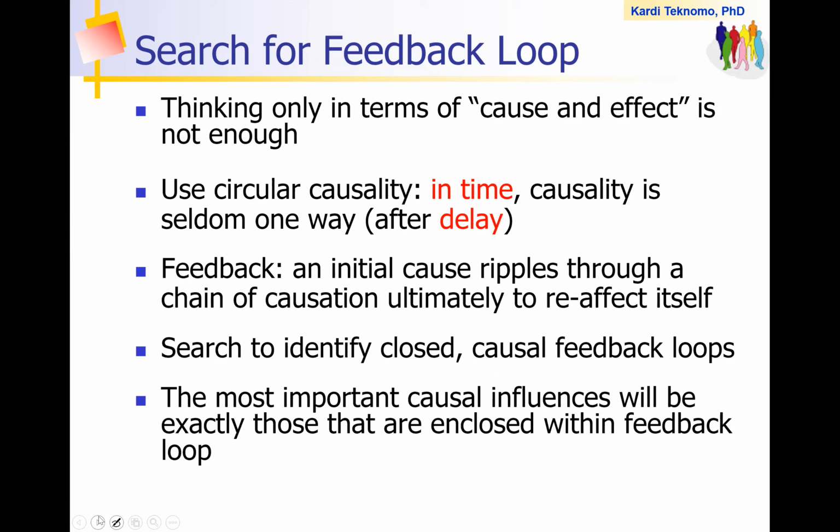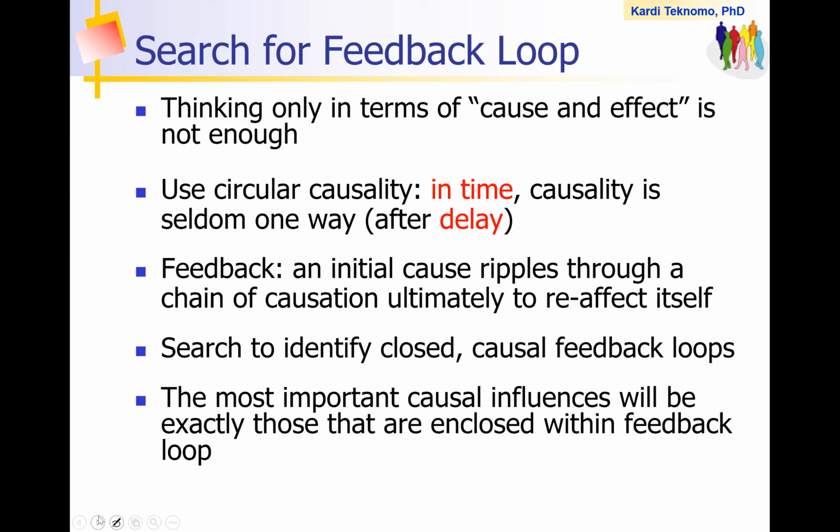Once you can create that cause and effect arrow, that is not enough. You still need to search for the feedback loop. How do you search for the feedback loop? Use time, meaning the causality is seldom just one way. After some delay, it will come back to itself.